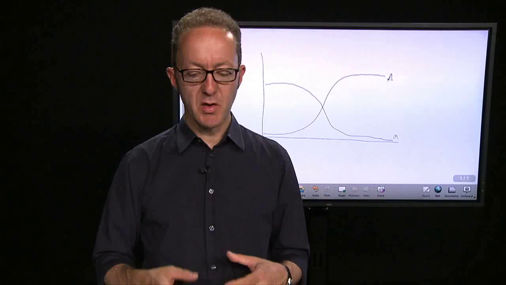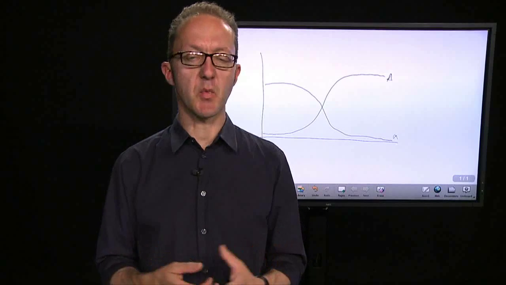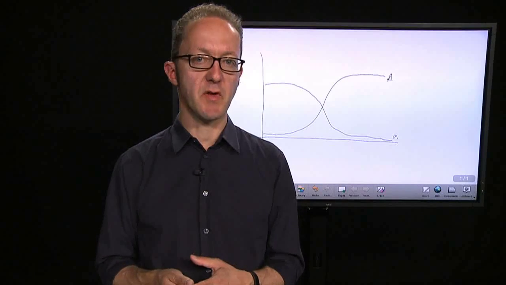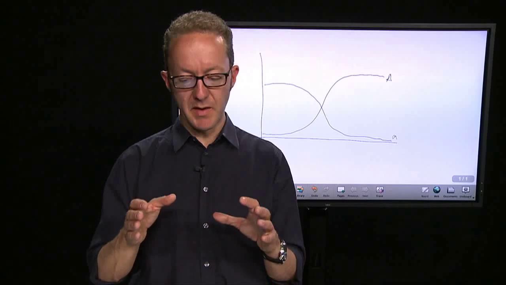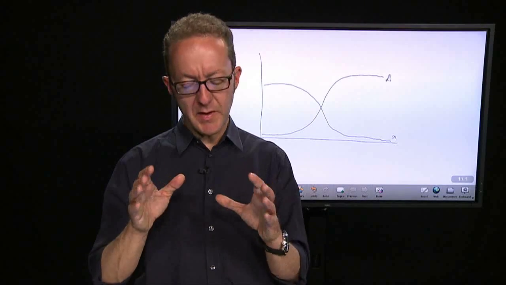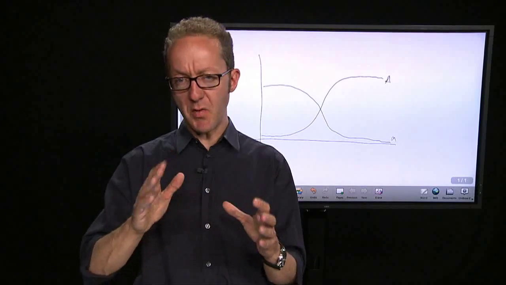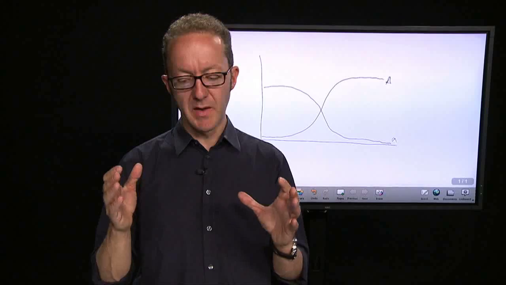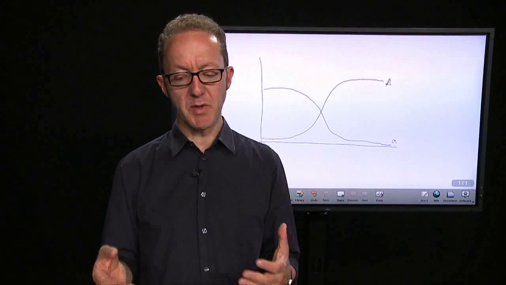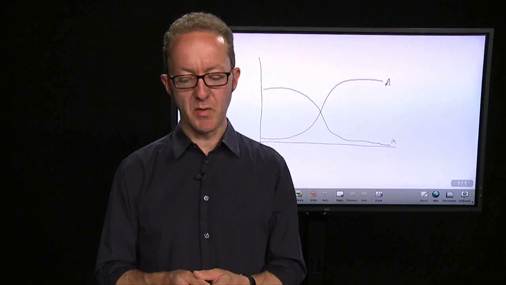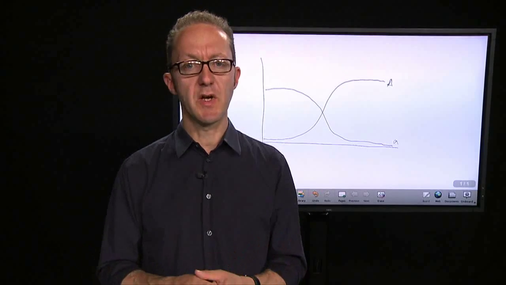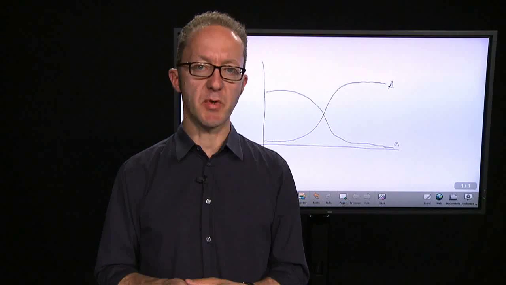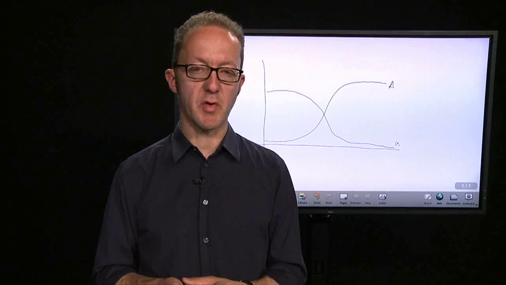And we can even come up with equations telling us what to expect in terms of how these frequencies will change. Importantly, all that matters for how these frequencies change is the relative fitness, not the absolute fitnesses. If the two alleles have the same fitness, meaning that there's no fitness difference, it's what we call a neutral difference, then frequencies will, in principle, remain the same over all the subsequent generations.